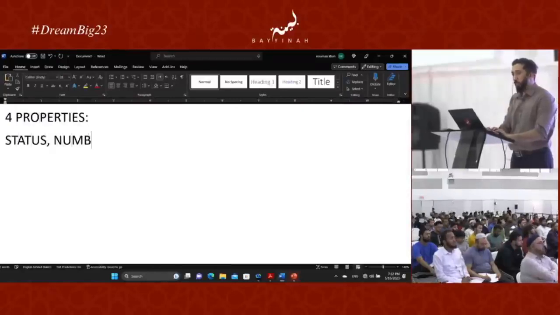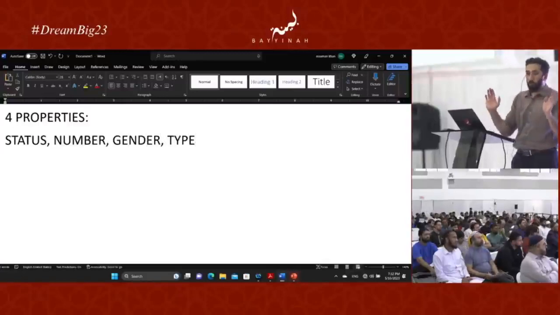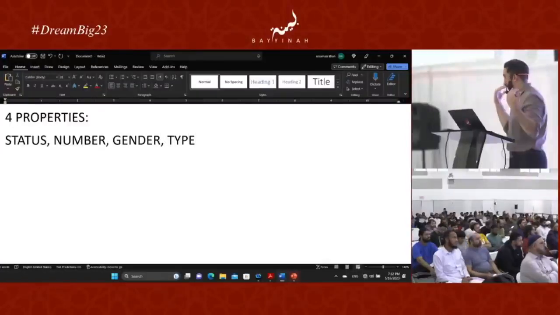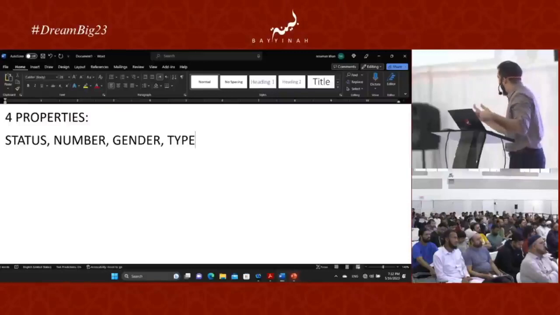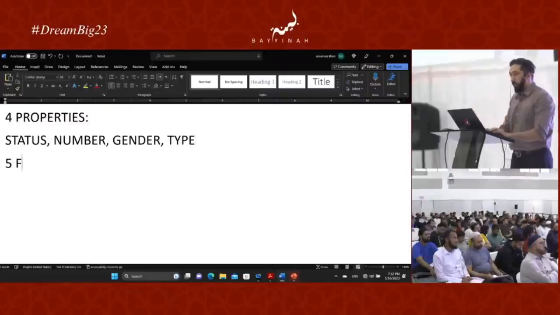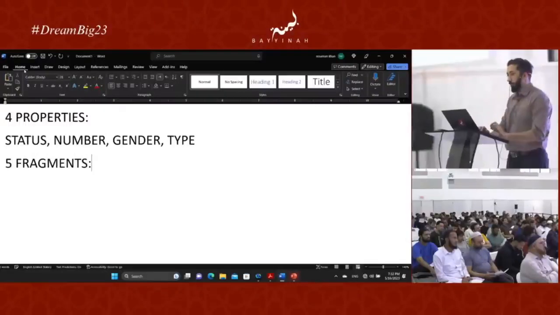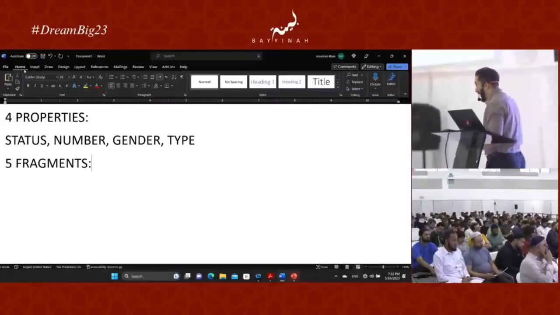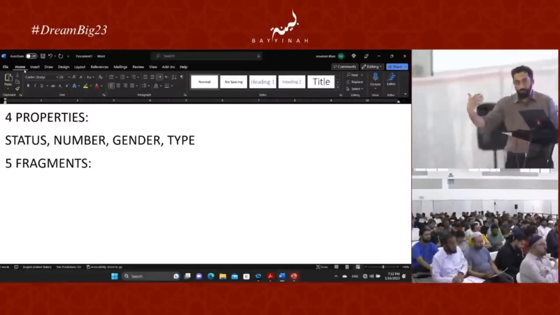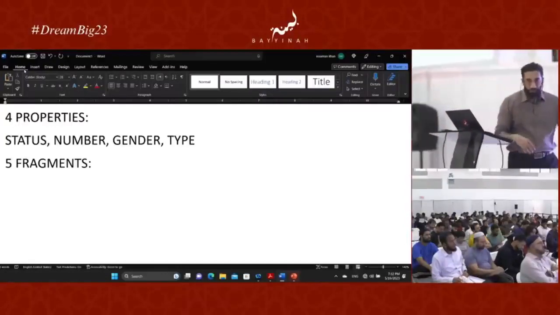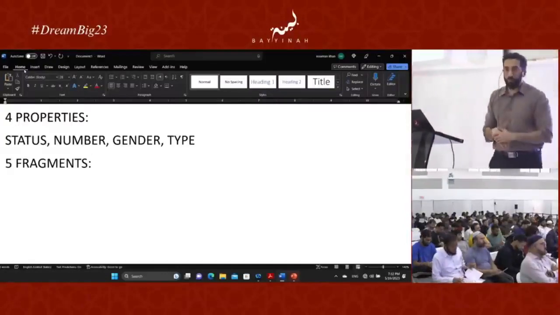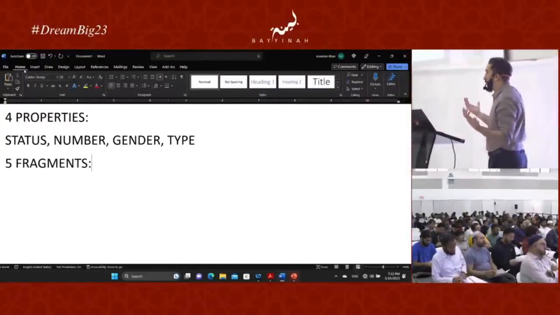Status, number, gender, and definiteness. We're done with the 4 properties. That was last semester. That's ancient history. Today is a new day, new semester. It's called the 5 fragments. Last semester was called what? 4 properties. This semester is called 5 fragments. Let's first understand what is a fragment.